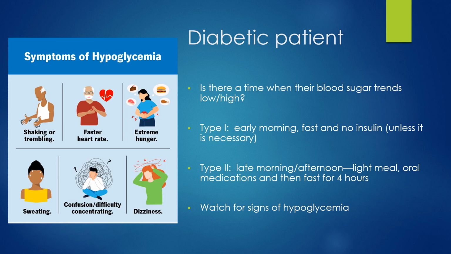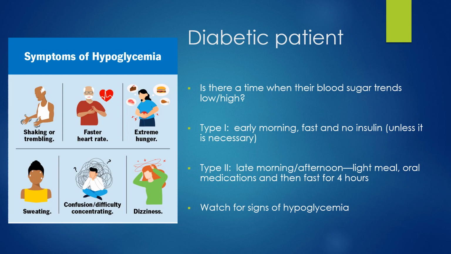Now, it's always important because diabetic patients can also get low blood sugar, but non-diabetic patients can also get hypoglycemia, especially when we're asking them to be NPO. So it's a good idea to ask patients, is there a time when your blood sugar tends to be lower or higher?